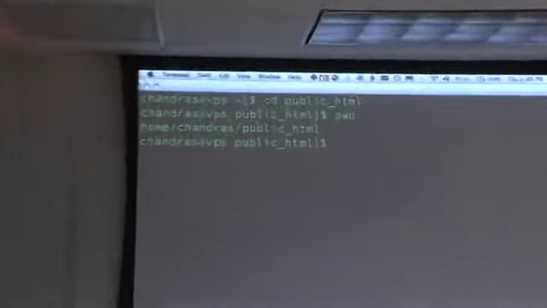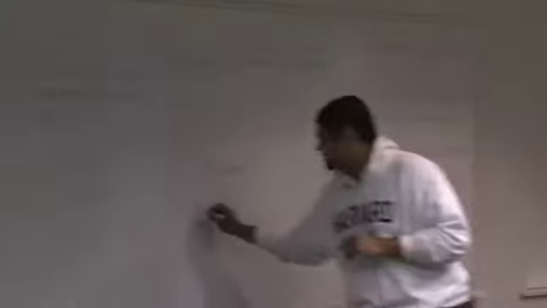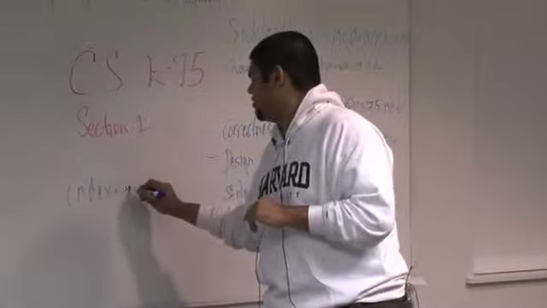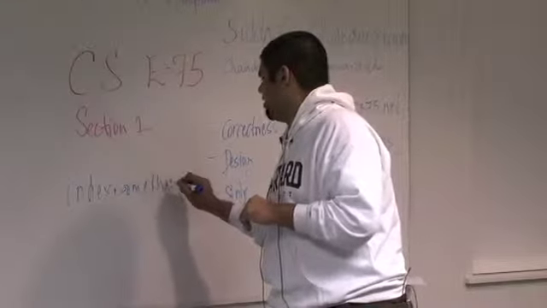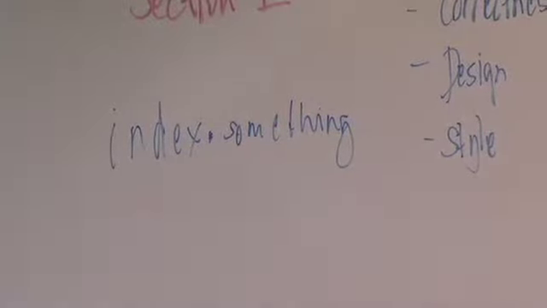In this, the most important, the first file that we care about is called index.something. The reason I say index.something and not index.html is because we're going to have index.php as well.